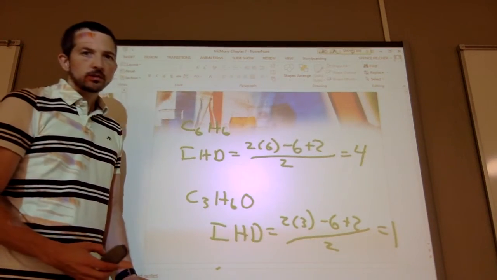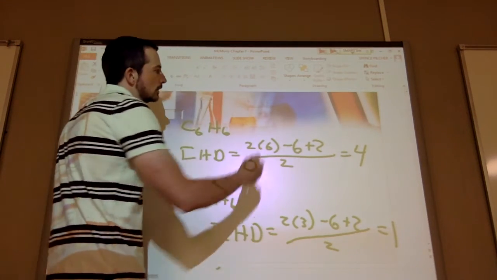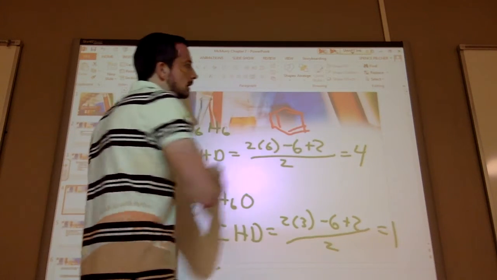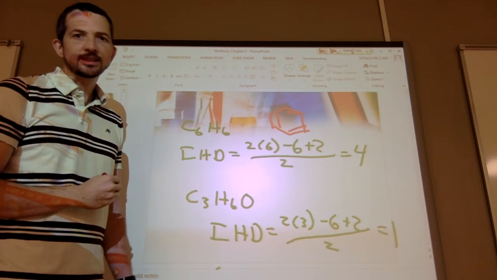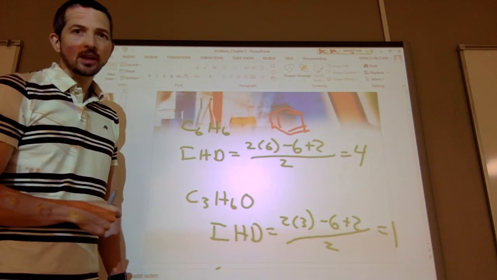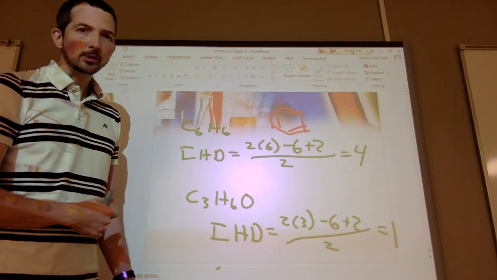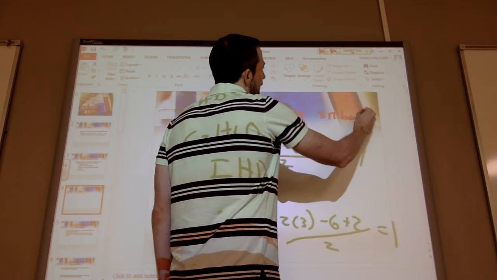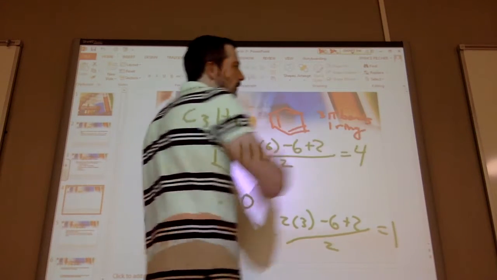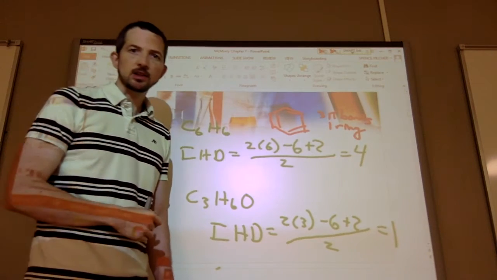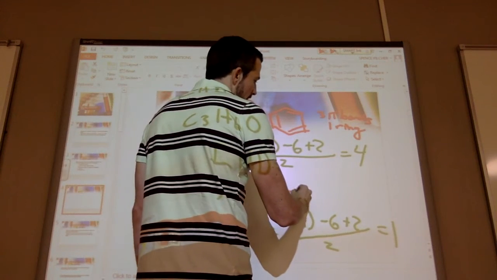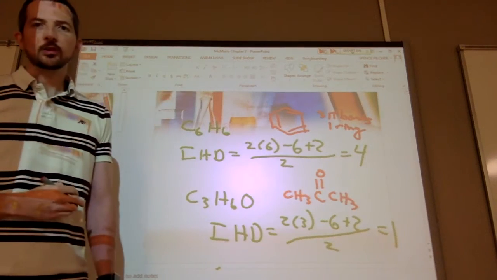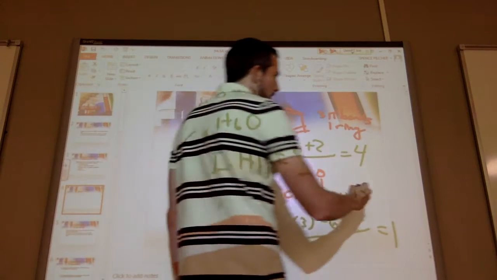If you're given the structure, it's easy to figure out. Like if you look at benzene, which is C6H6, if you're just given that structure, you say, okay, I have 3 pi bonds in a ring. So just from looking at the structure, I'd know it'd have an IHD of 4. Same thing with acetone. Just looking at that structure, I know I have 1 pi bond, so IHD of 1.